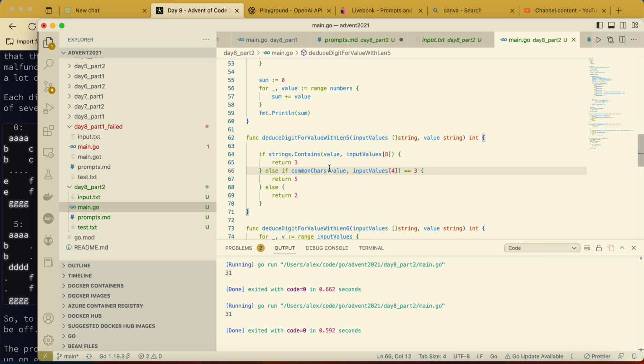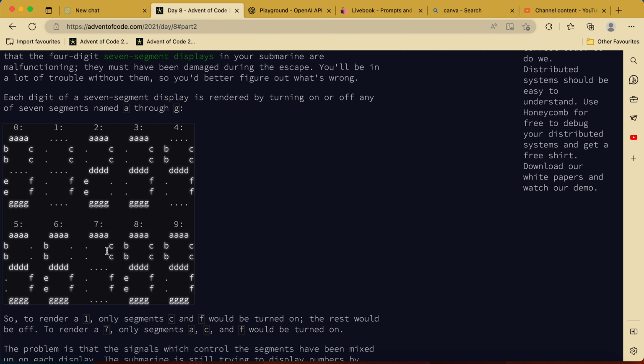If it's not 3, then check, okay, is it with 4 having 3?